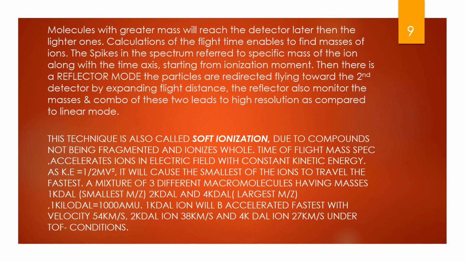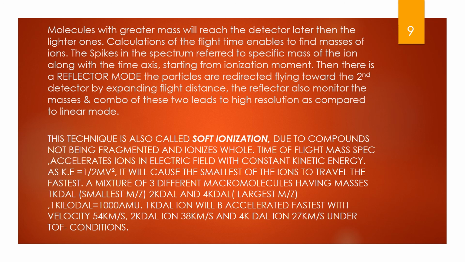Consider a mixture of three different macromolecules having masses of 1 kilodalton, the smallest mass-to-charge ratio, 2 kilodaltons, and 4 kilodaltons, the largest mass-to-charge ratio. 1 kilodalton, as we know, equals 1000 atomic mass units. So the 1 kilodalton ion will be accelerated fastest, with a velocity of 54 kilometers per second.